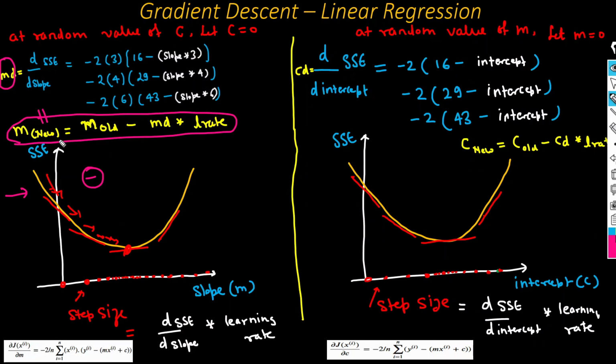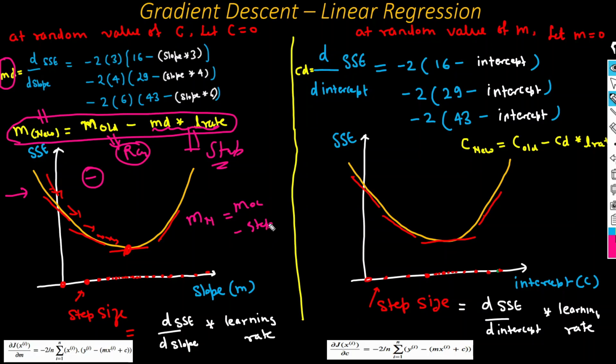What would be the new value of m? Let the initial value be any random value of m. In that case, our new value would be your old value minus the step size. It means m new will be your m old minus step size.